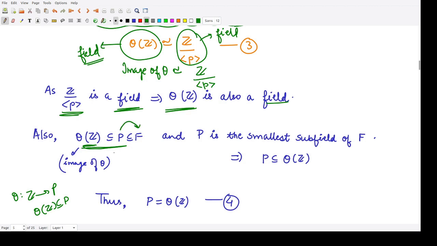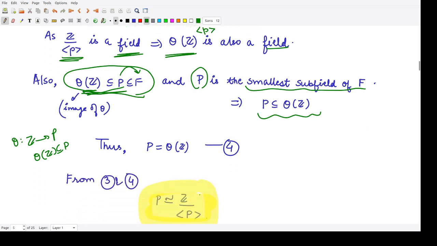So from here we can say that this is one containment, and because P was assumed to be the smallest subfield of F, P would be contained in theta of Z. So this is another containment. Using the containment from here, theta of Z is contained in P, and here we are saying P is contained in theta of Z, so these two are equal.